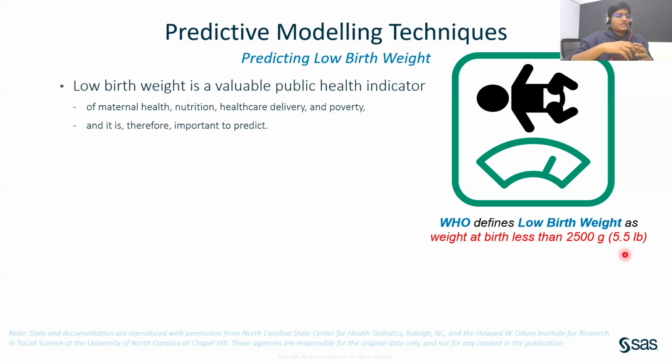Low birth weight is very important because it's a valuable public health indicator, and it is used as one of the important factors when you talk about the overall health of a community, a region, or a country. It is an indicator of maternal health, of nutrition, of the healthcare delivery system in the country, and it is also a very important indicator of poverty.